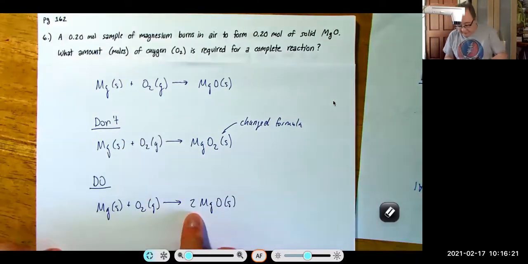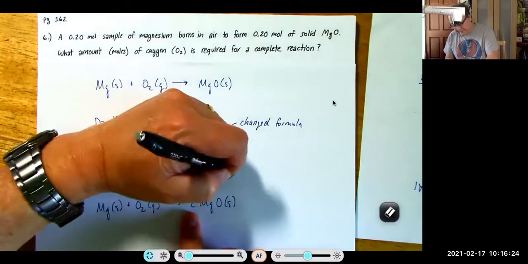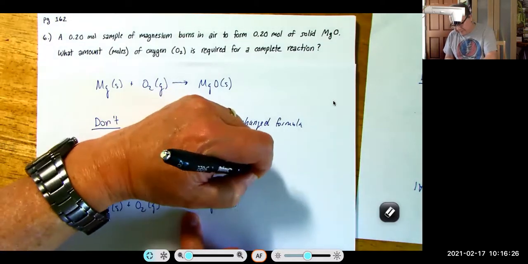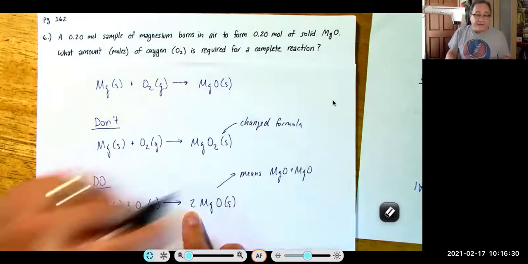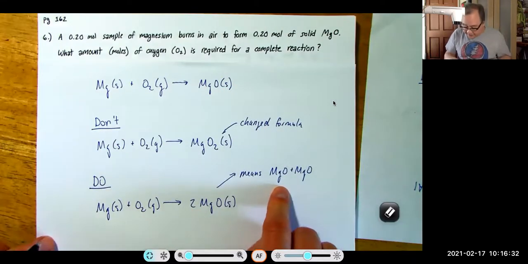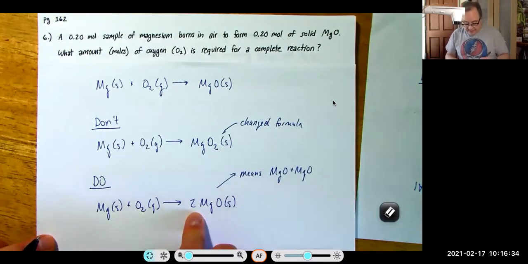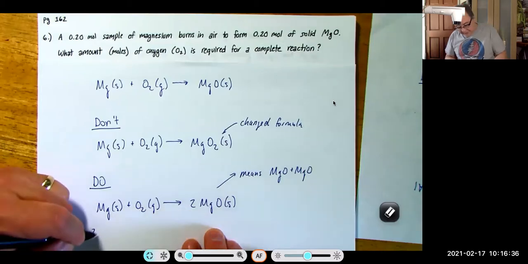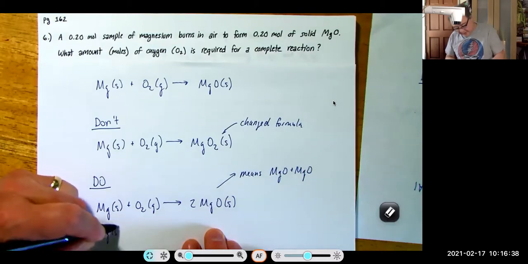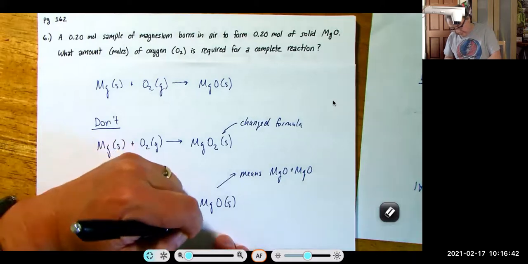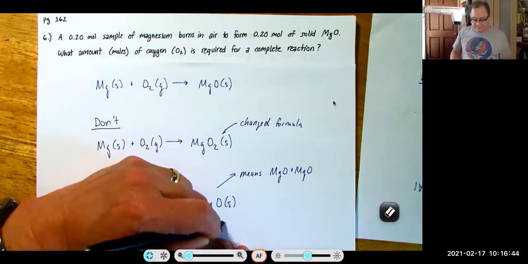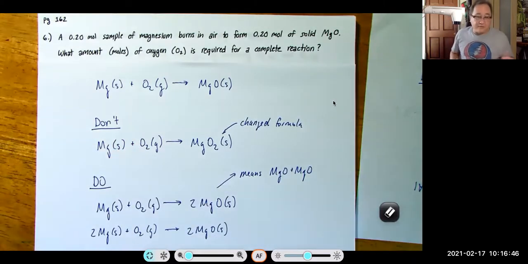That coefficient means that, but we don't write out 2 of these. We just say, hey, 2. And then we're going to put a 2 in front of the magnesium, just as you said. Okay, so that's all there is to changing that.